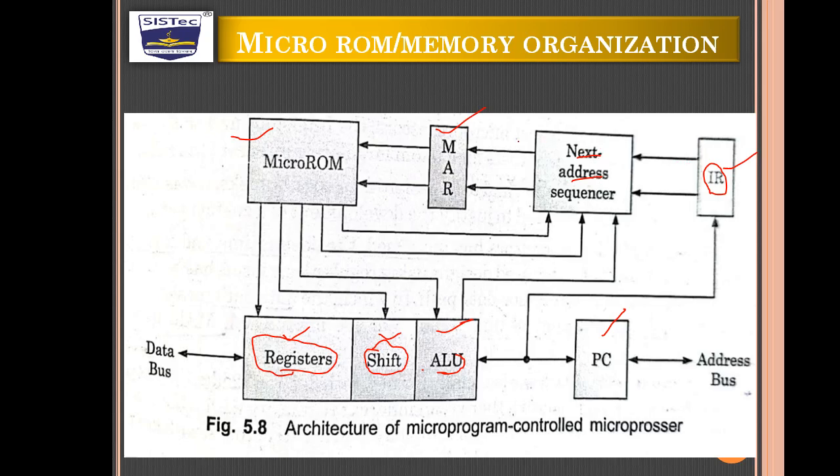It also gives the address of a memory location to the MAR, the memory address register, saying which is the next instruction to be performed, and this address of the next instruction is given to the micro ROM memory, so in which location the instructions should be stored. The same operation is executed by the ALU and stored in the register, and after each instruction the program counter is incremented by 1.